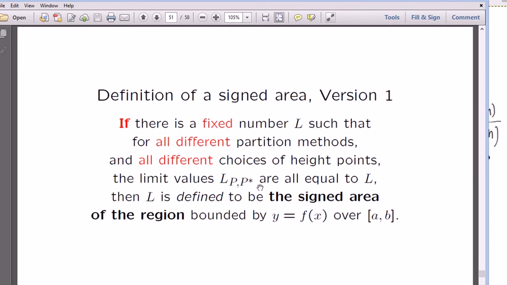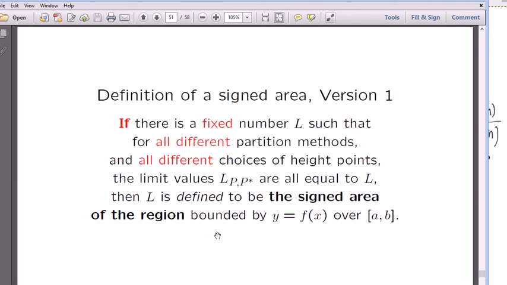If that amazing thing happens, then we call that L the signed area of the region. If one group calculated with one partition and this limit was 5, and another group computed with a different partition method, Q and Q star, and got 6, then we say the area is not well defined. But if it happens all the time, then we say it's defined.